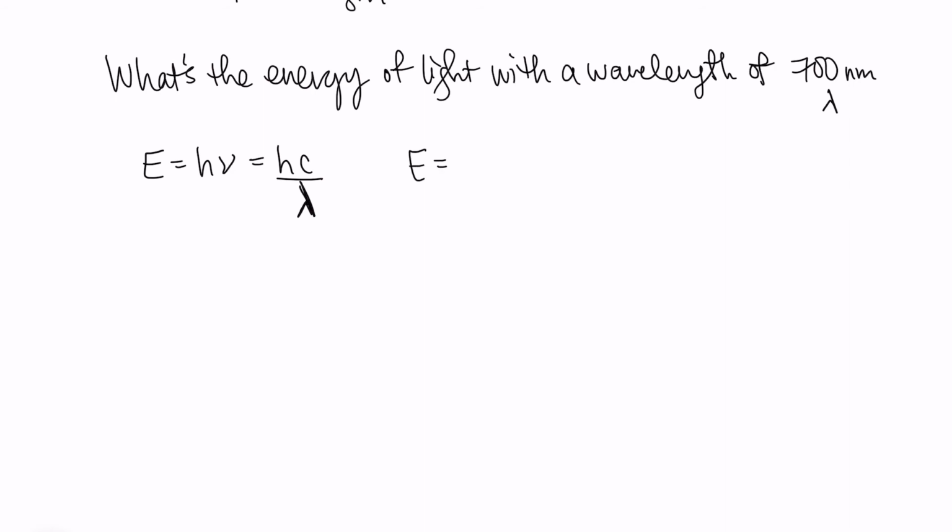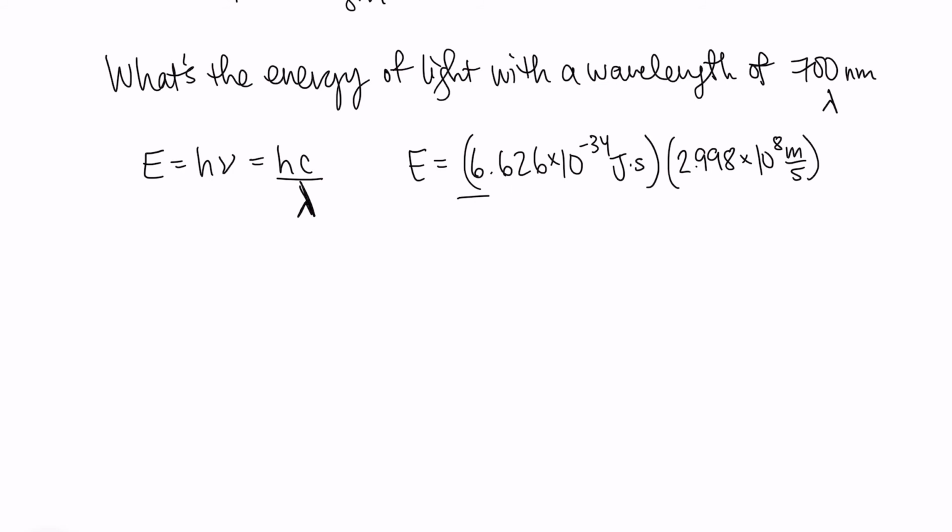So E equals 6.626 times 10 to the minus 34 joule seconds times the speed of light, 2.998 times 10 to the 8th meters per second, divided by my wavelength. Now my wavelength actually has to be in meters because my speed of light up here is also in meters. So I'm going to have to convert from nanometers to meters. It's really easy to do.